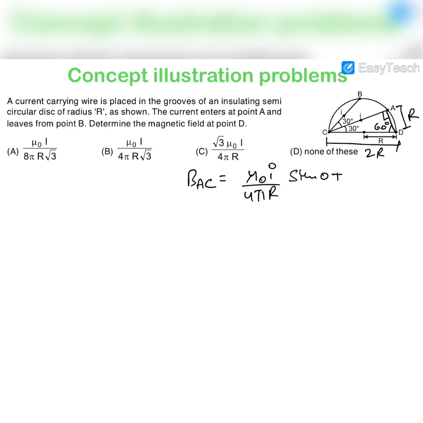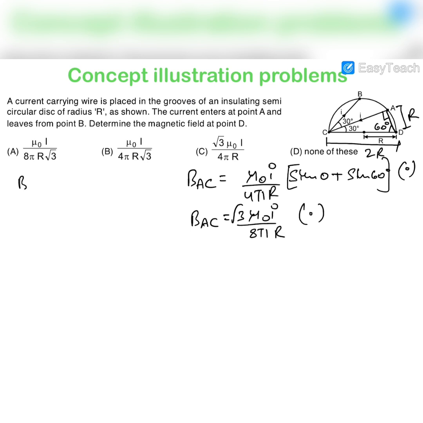You can see that this perpendicular is making an angle of 60 degree with this line which is connecting this point D with the other end of the wire. So this is sine 60 degree, and the direction of magnetic field will be outside the plane, dot. So BAC will be equal to root 3 mu naught I by 8 pi r outside the plane.